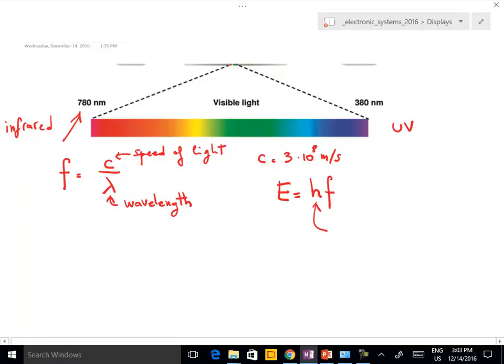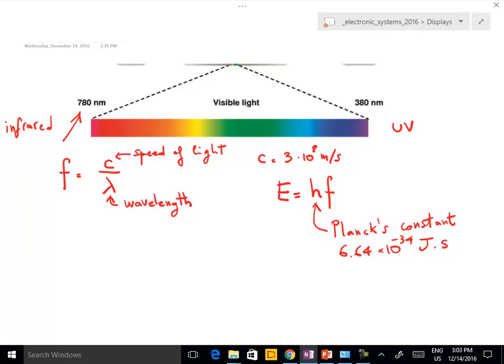So this h is Planck's constant and is something like 6.64 times 10 to the minus 34 joule times second. The unit of measure is an energy times a time.